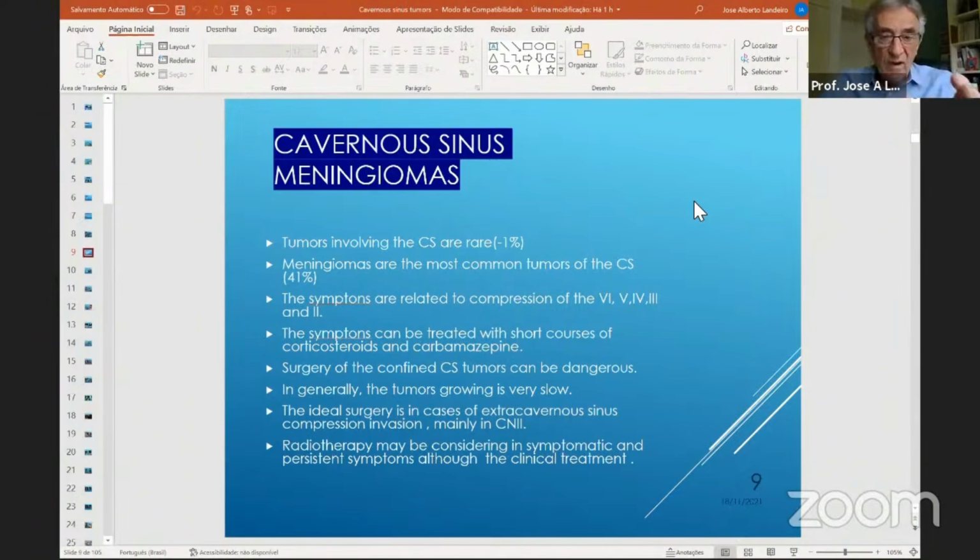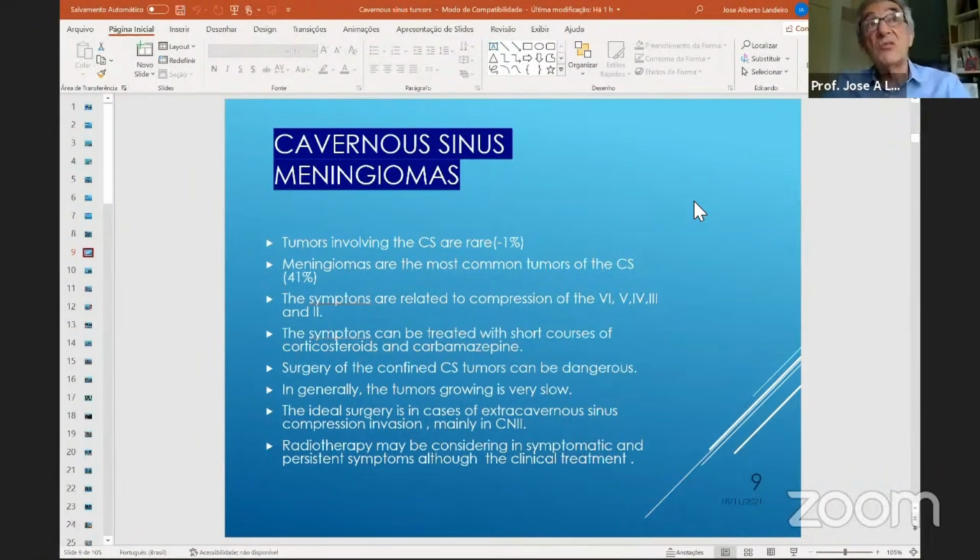Surgery of the confined cavernous sinus tumor can be dangerous, but it is not abandoned if you are planning it and the patient has a good indication for doing it. Generally, the tumor growth is very slow.